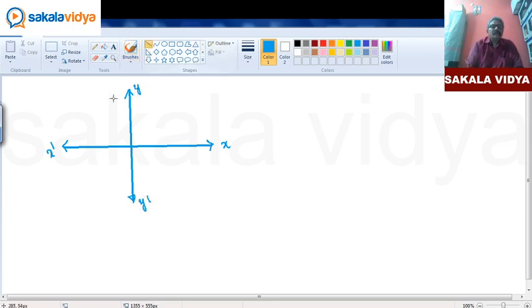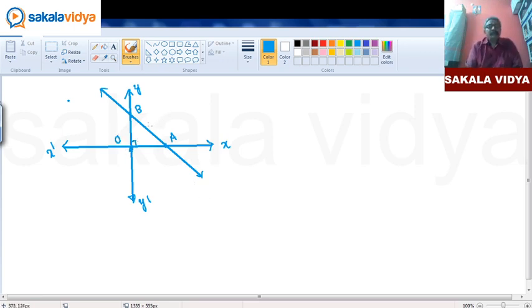Now a line cuts the x-axis and y-axis like this, for example at A and at B. This is the origin, with a right angle here.